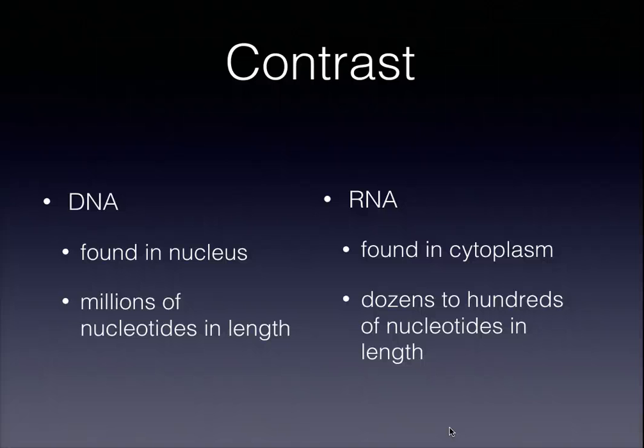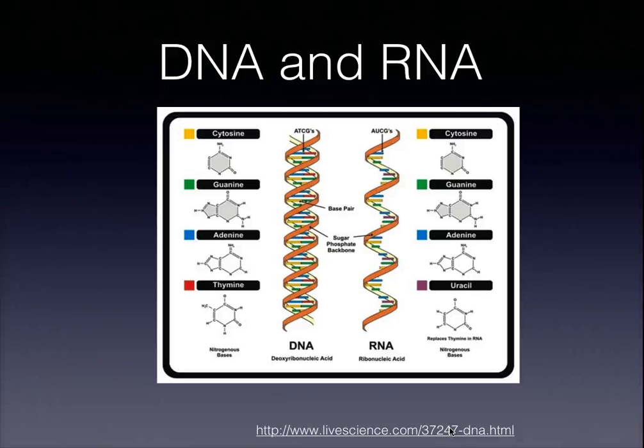Okay, so when we get into looking at how RNA reads the genetic code, we're going to see, kind of like we saw in the last slide, it's just going to read a portion of the DNA molecule, and that's why it's much shorter in length. This diagram just shows a very nice comparison of the two. You've got your DNA double helix.